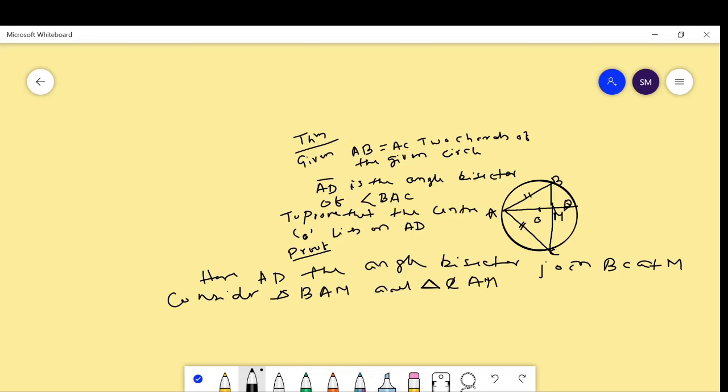Consider the two triangles. Here AB is equal to AC, given.